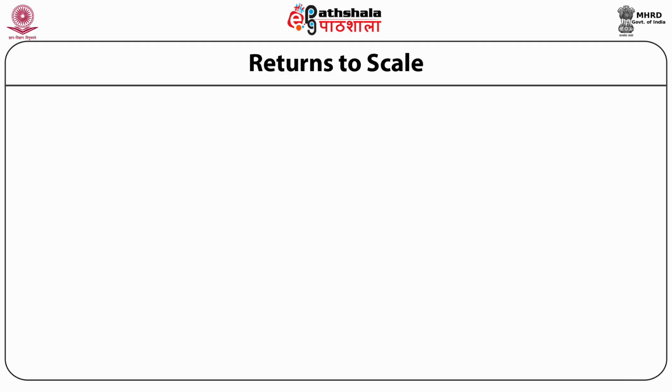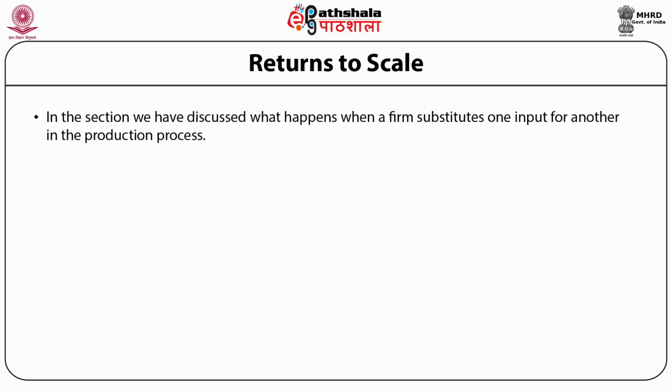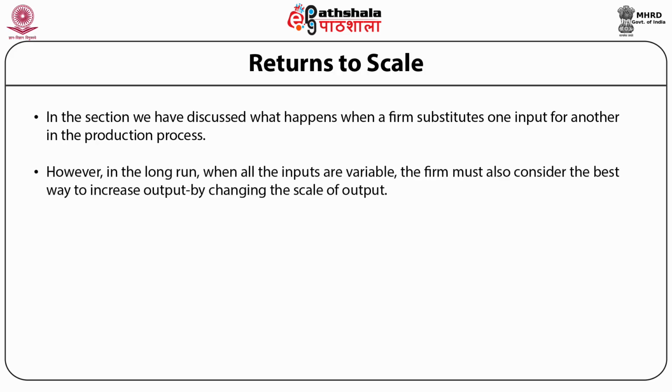Returns to scale. In this section, we have discussed what happens when a firm substitutes one input for another in the production process. However, in the long run, when all the inputs are variable, the firm must also consider the best way to increase output by changing the scale of output.